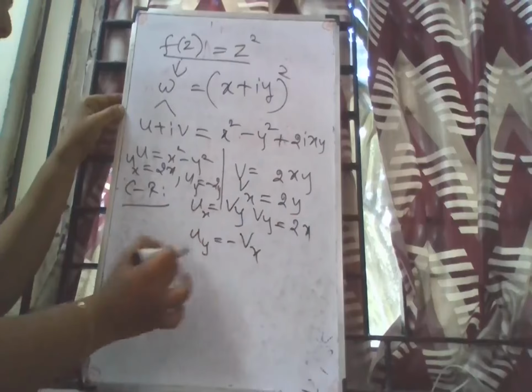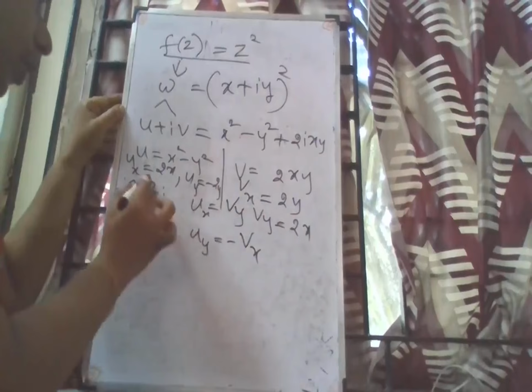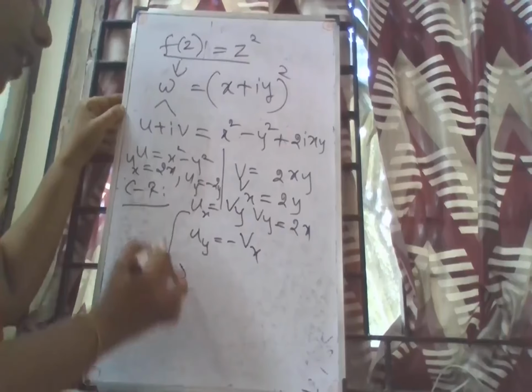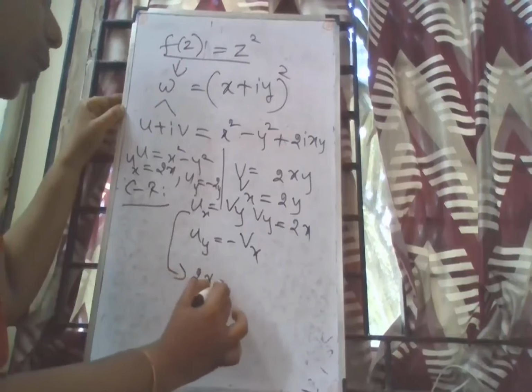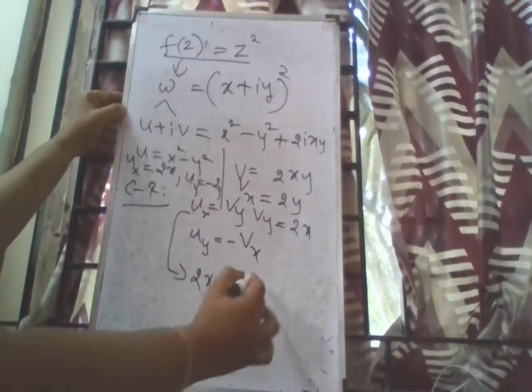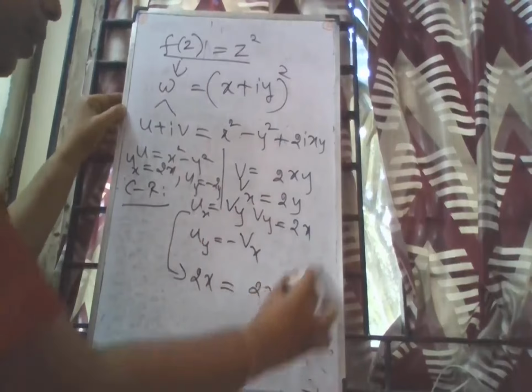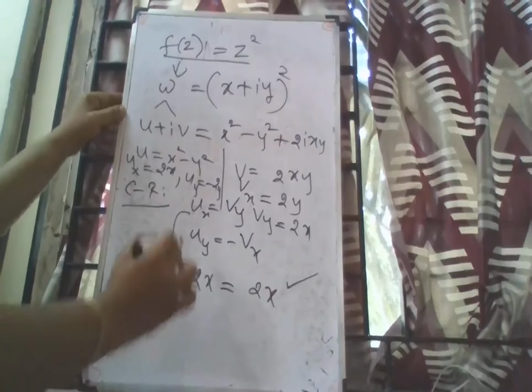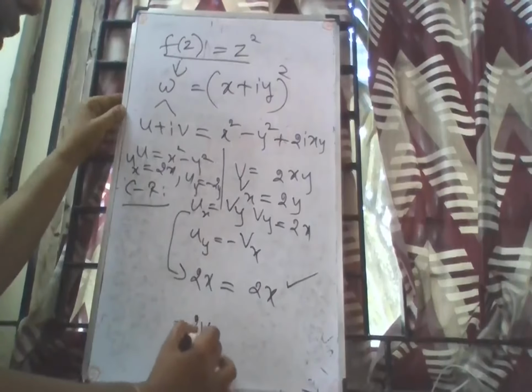Let us wait and watch. What is ux here? 2x. I'll verify the first condition: ux equal to 2x. What is vy? vy equal to 2x. Satisfied? Put a tick. Next, what is uy here? Minus 2y.